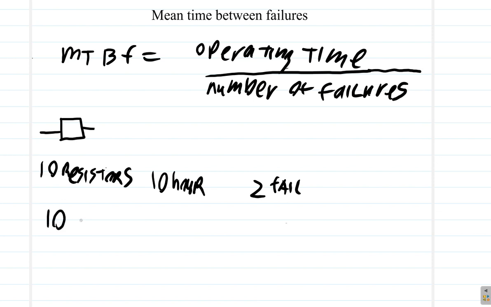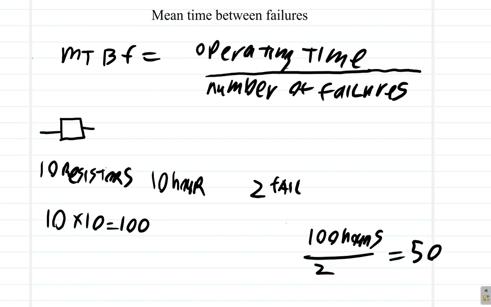So it's 10 resistors times 10 hours, which is 100 total hours of testing. So it's 100 hours divided by 2 failures. So you have 50 hours between failures. Alright? So it will be 50 hours expected between failures.